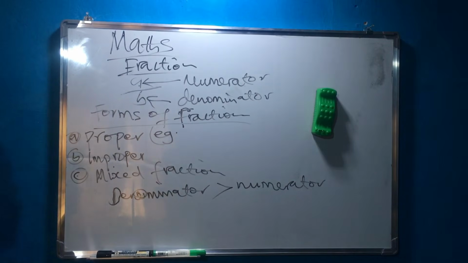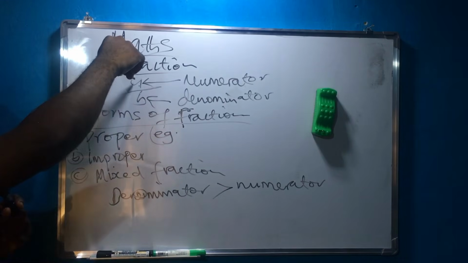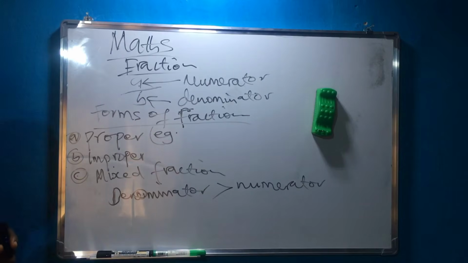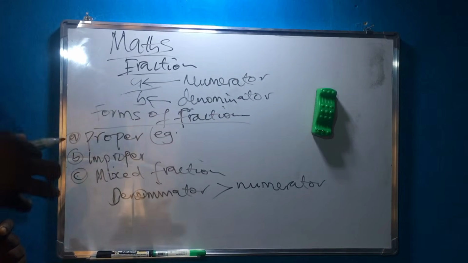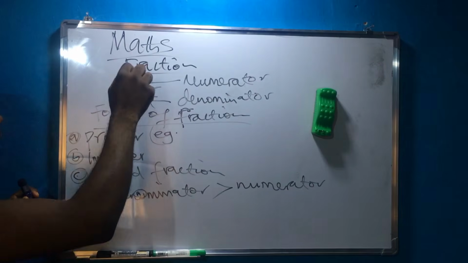That means, looking at this, you see that the denominator, b, will be able to carry or lift this numerator, a, on its head. So you say it is proper. Because it is always said that the elder should bear the younger. Do you understand? So this b will bear this a.